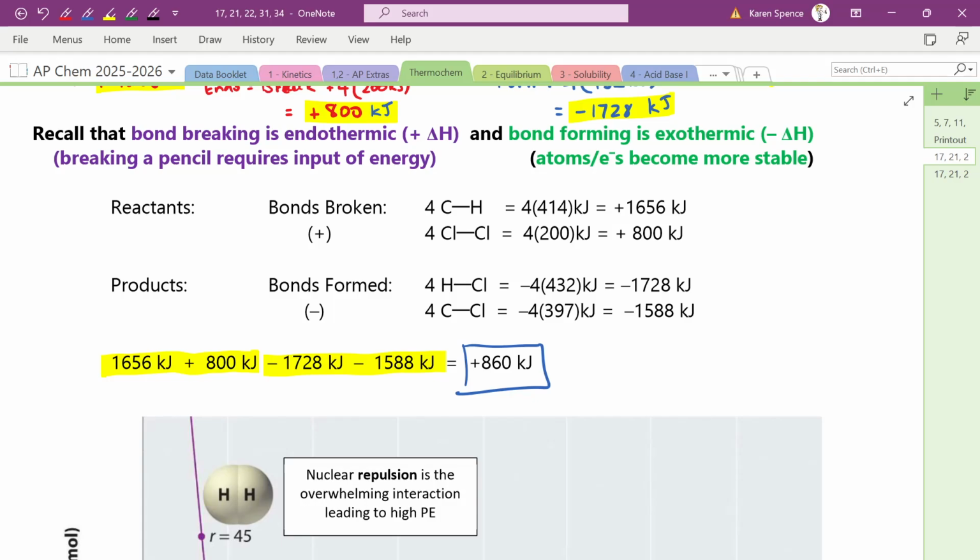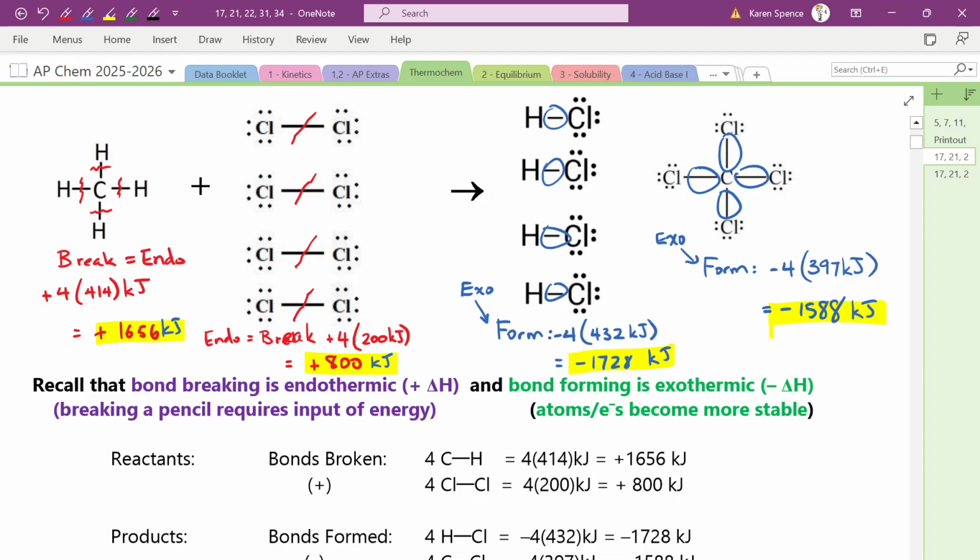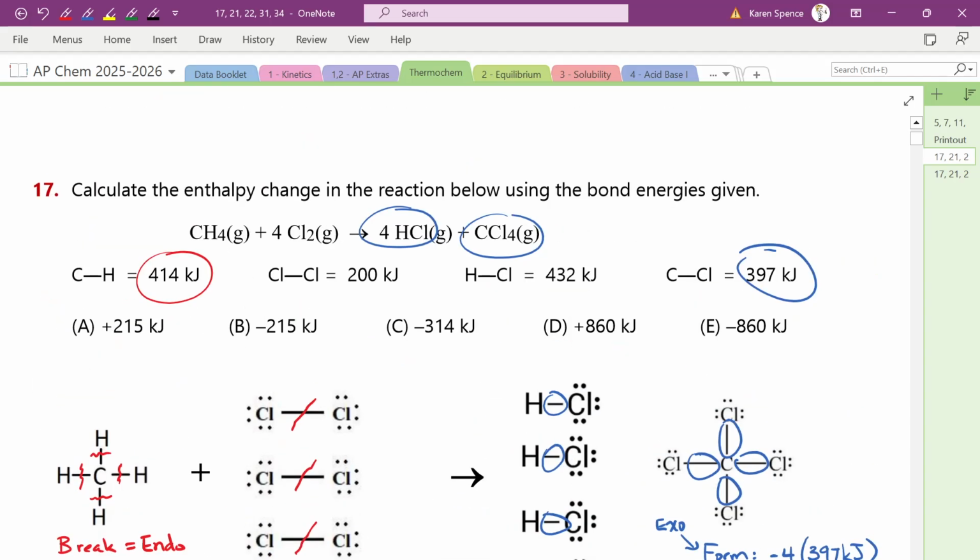I typed something wrong. 800 minus 1728 minus 1588 equals, yeah, it should be negative. And that would be negative.